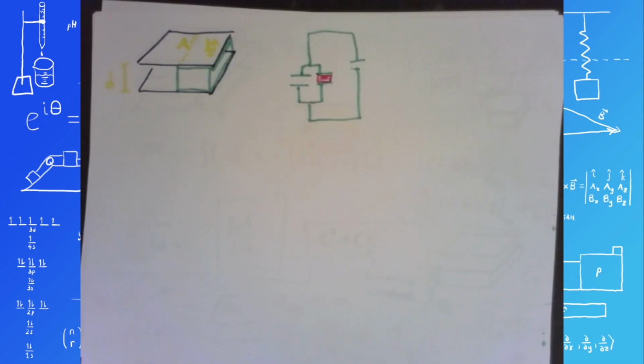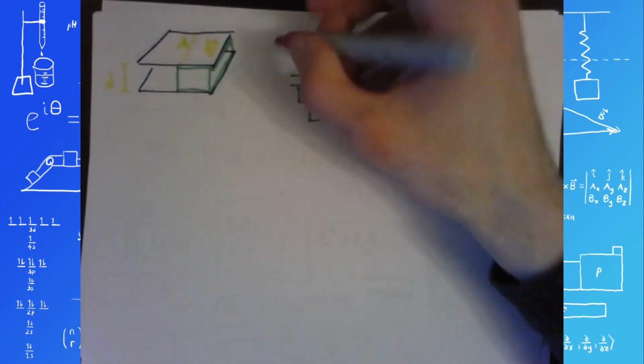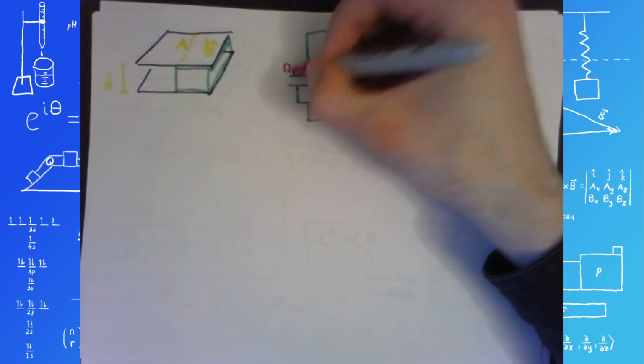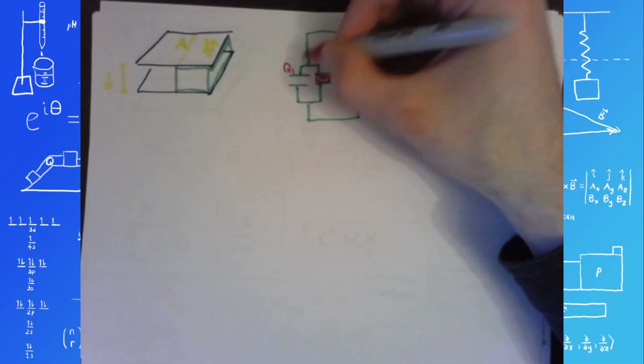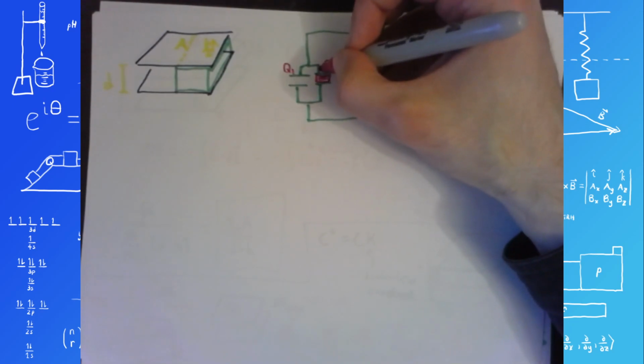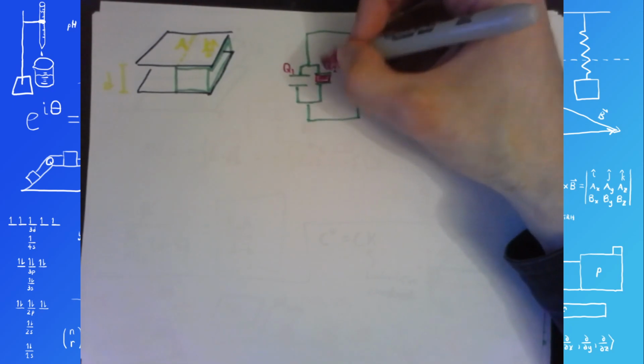So let's say you had a charge of Q1 worth of electrons come off of this plate, and Q2 worth of electrons come off of this plate.